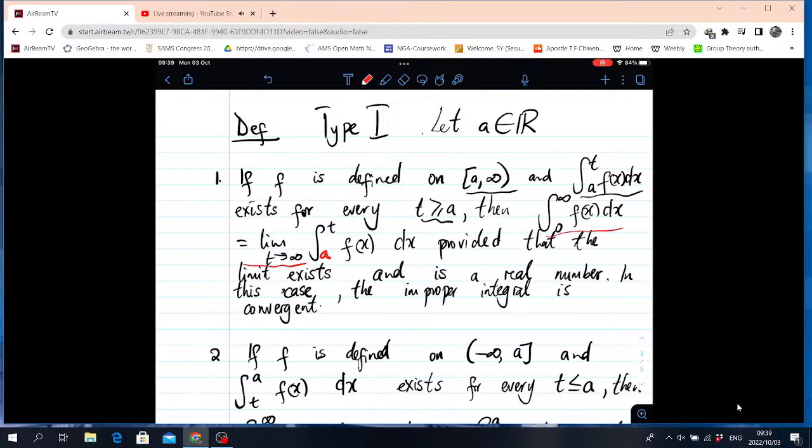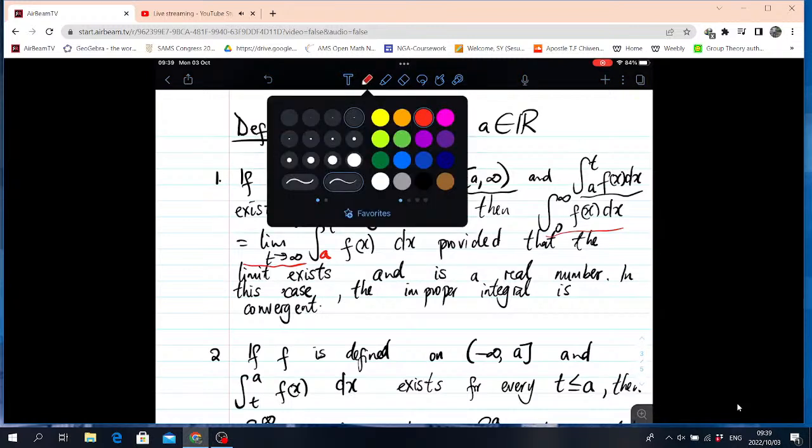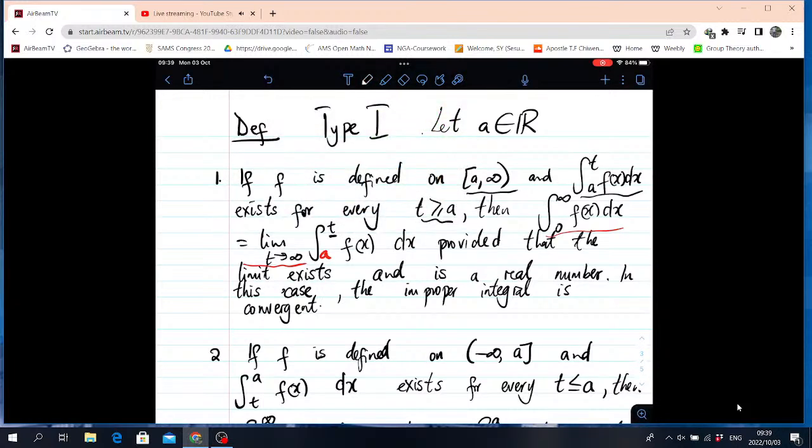So you integrate with the upper bound being t, and then you take the limit, and then you find out what the integral is.